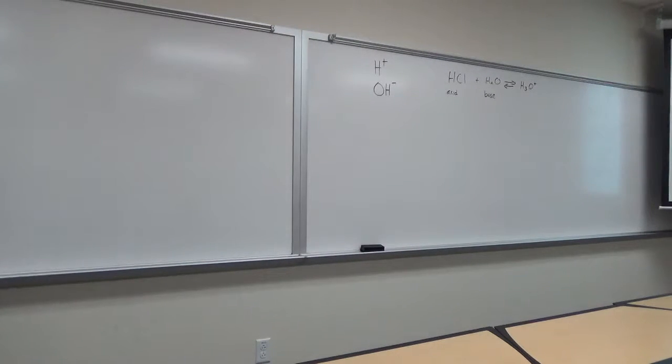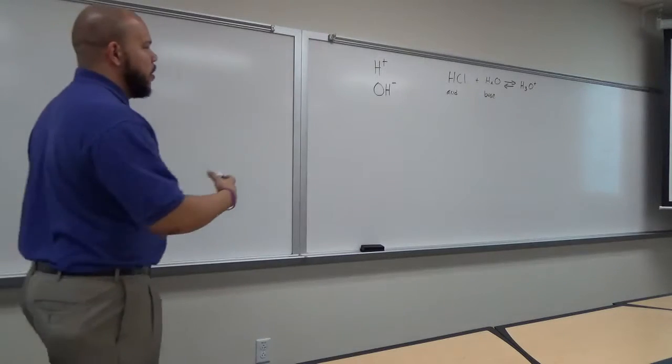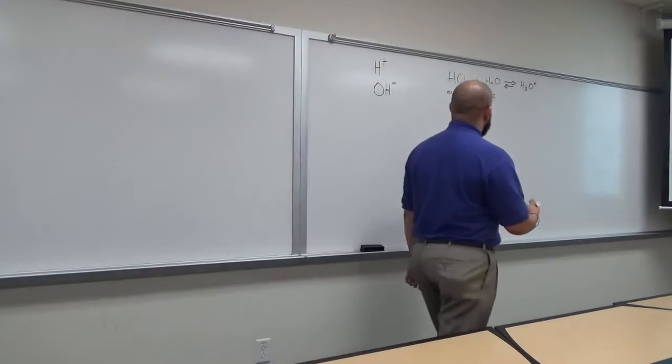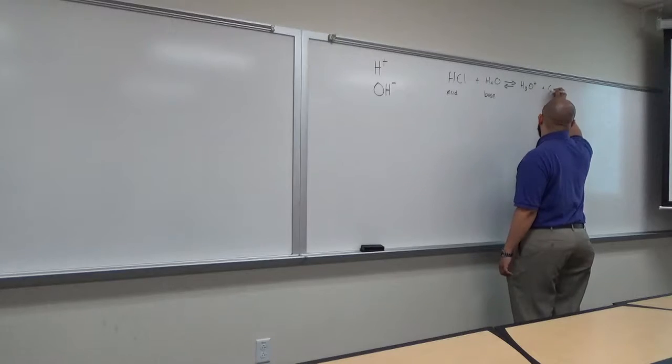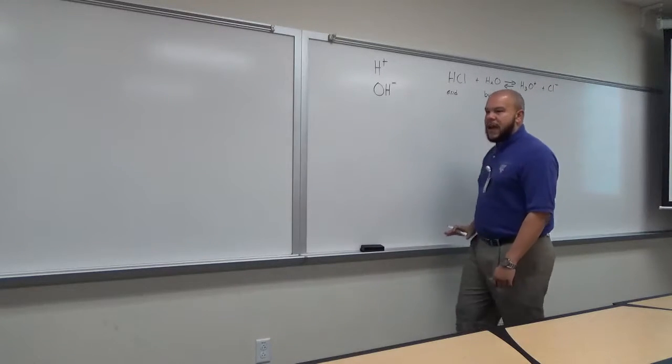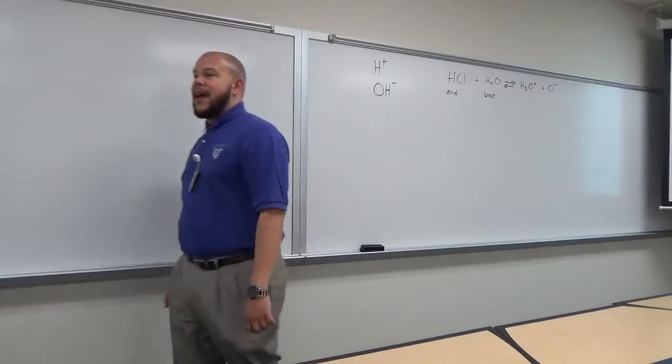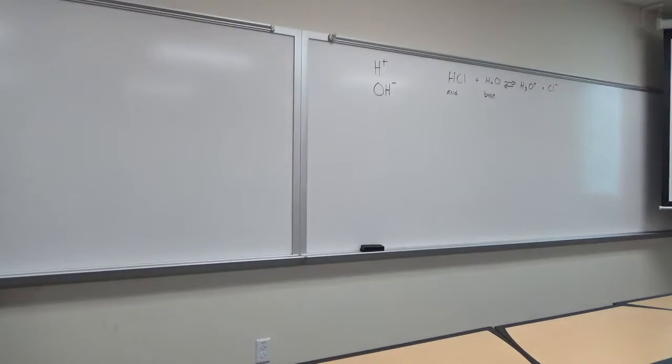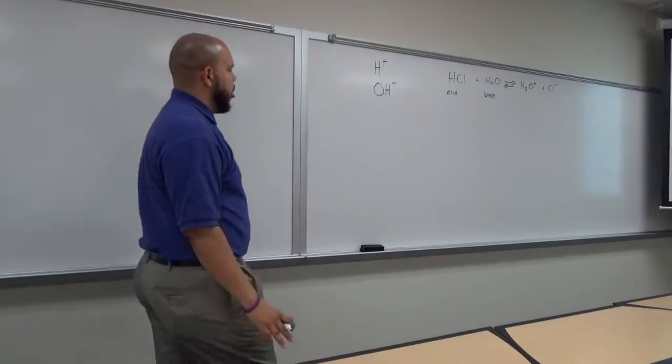So we end up with H3O plus. What are we left with? Chloride ion, Cl minus. Okay, so this is the reaction that occurs. This is a generic acid-base reaction. I'm giving you an actual example. A lot of times you'll see this written HA plus water gives you H3O plus A minus. Same concept here.